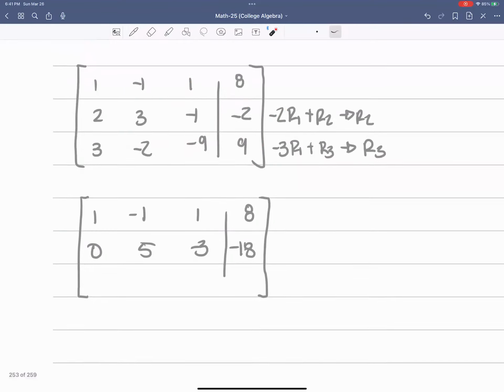And now for the next row. 1 times -3 is going to be -3. 3 plus -3 is going to be 0. -1 times -3 is going to be a +3. +3 plus a -2 is going to be 1. 1 times -3 is -3.